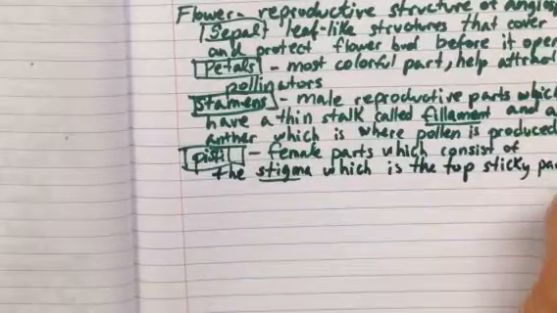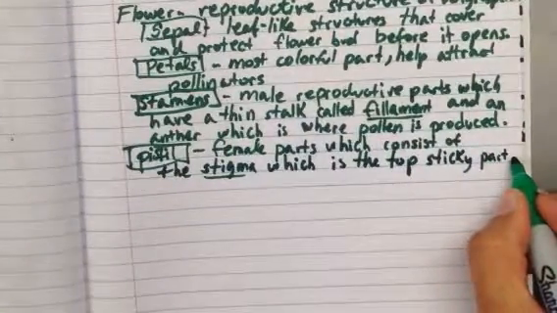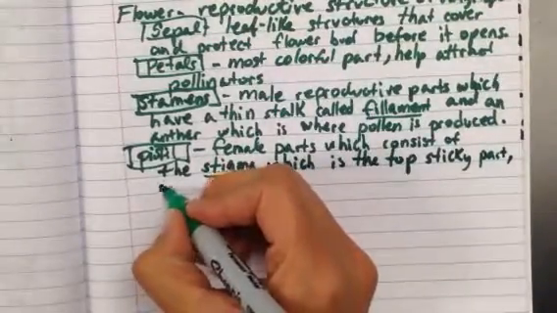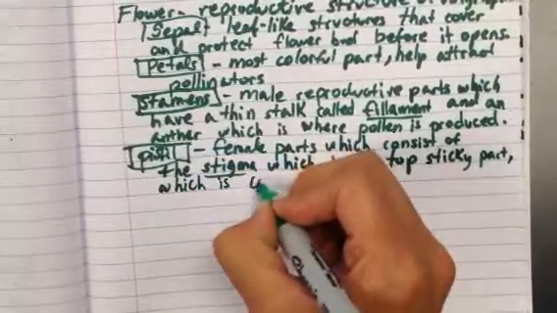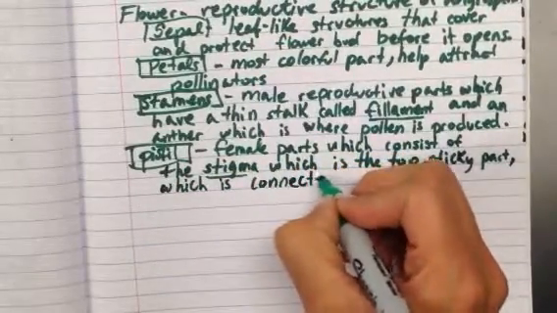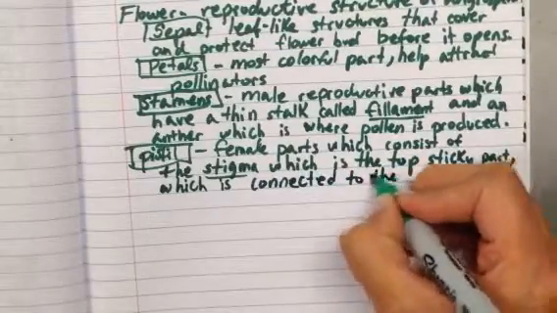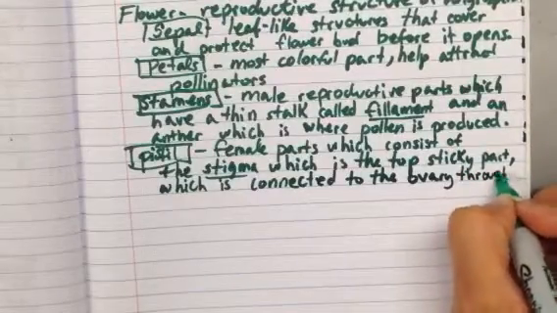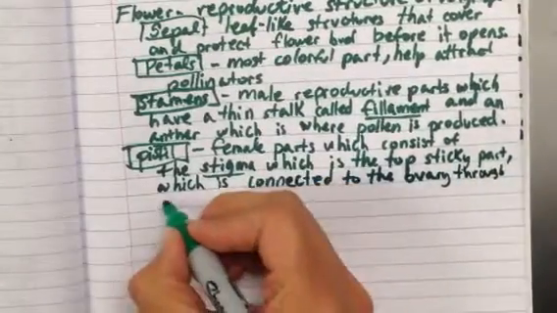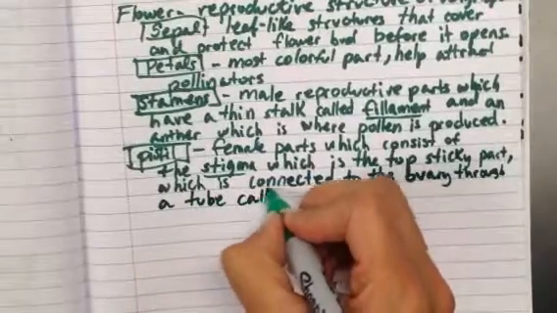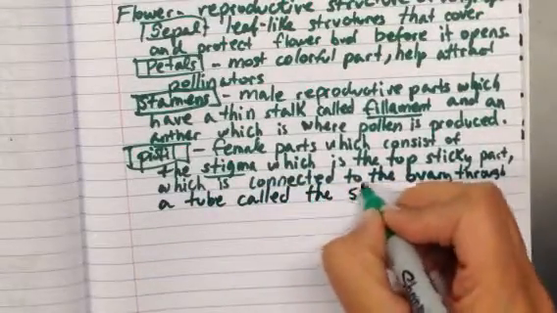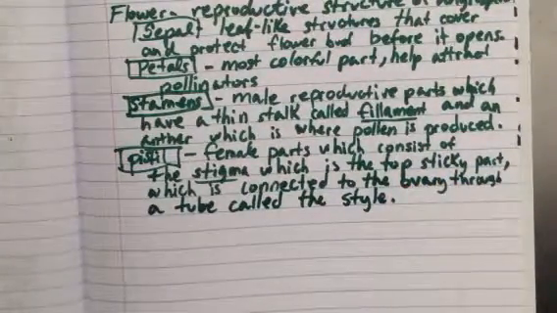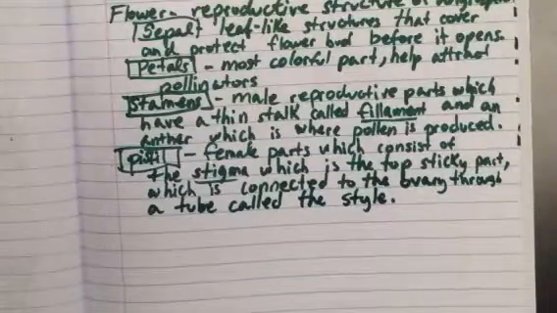It's sticky so that the pollen can actually stick to it, which is connected to the ovary through a tube called the style. And normally you will find these in the middle of the flower.